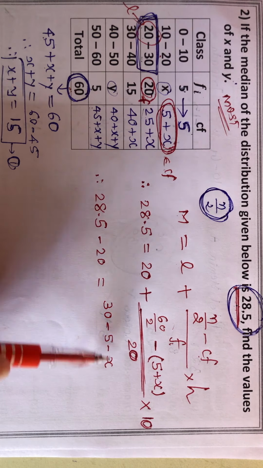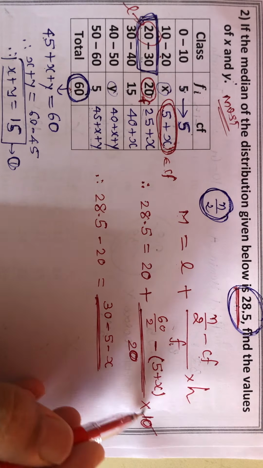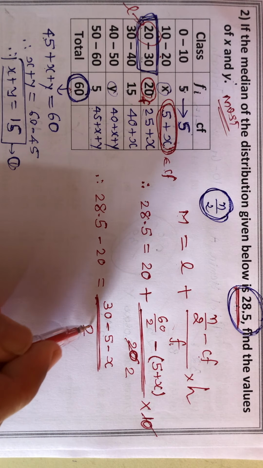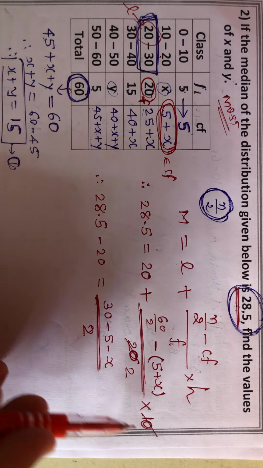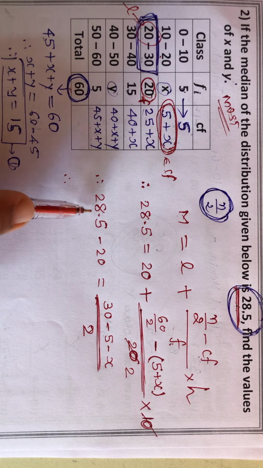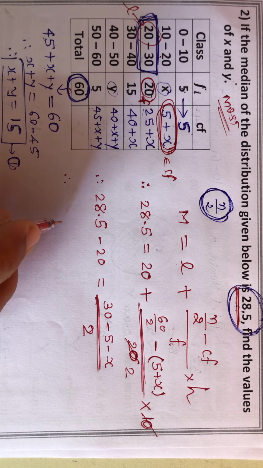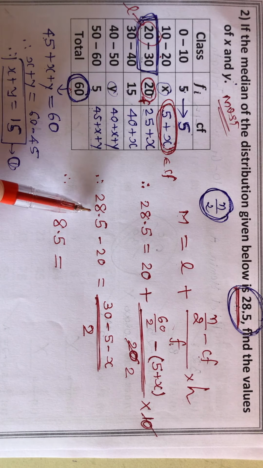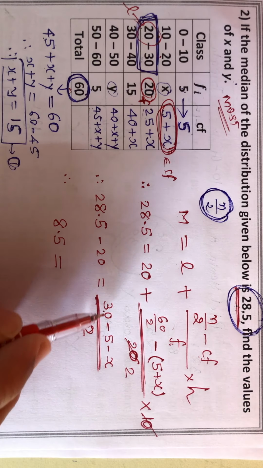So minus 5 minus x upon 20, with 10 over 20 giving 2. Now subtraction of these two numbers, 28.5 minus 20, so our answer is 8.5. Right? And 30 minus 5.